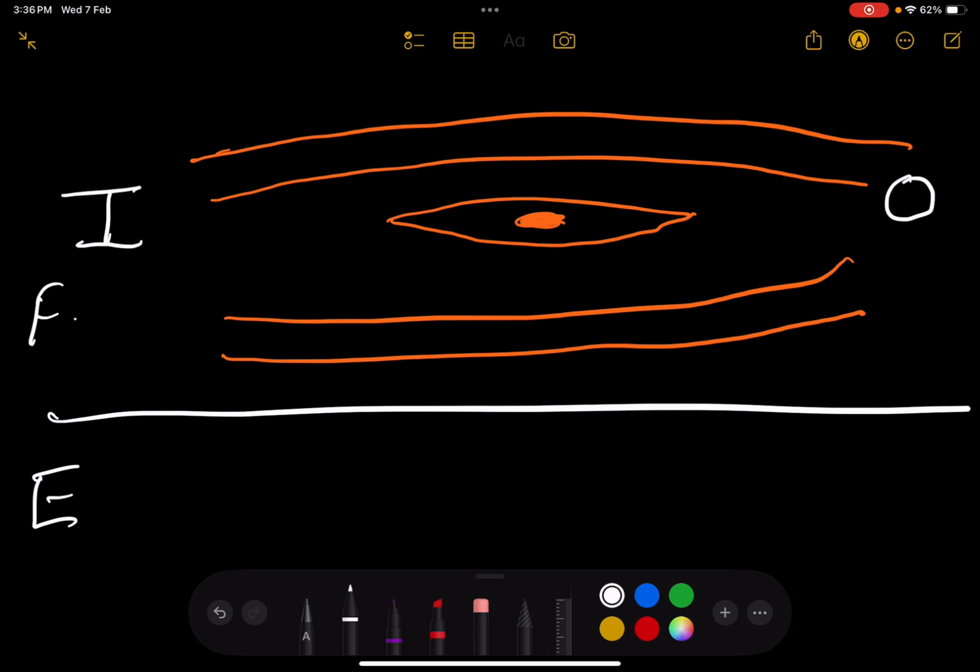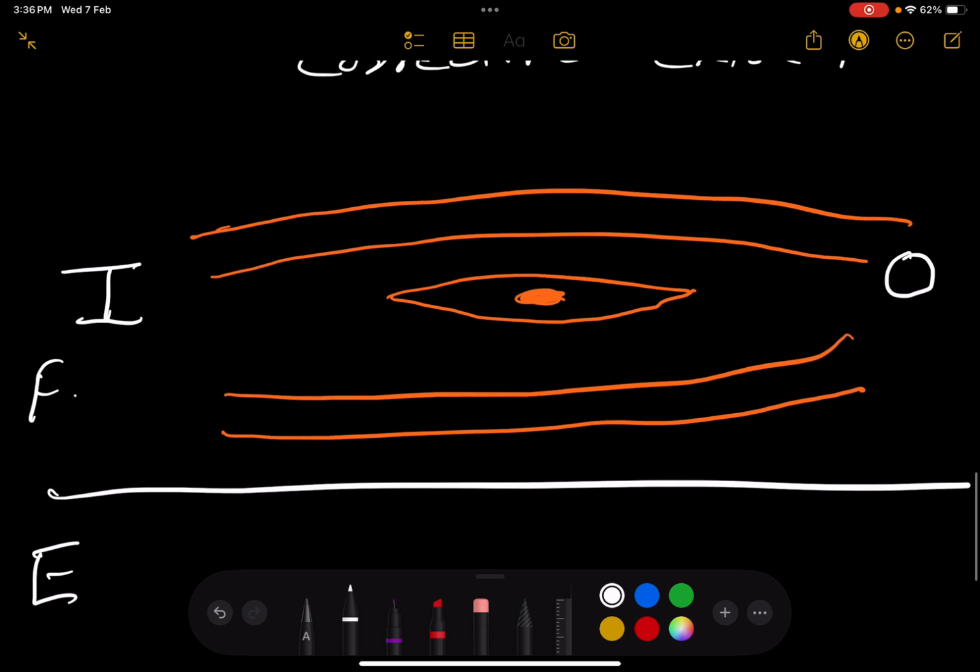So now what happens is that this intrafusal fiber has got an annulospiral ring in the center, and it has got muscle fibers on both sides.